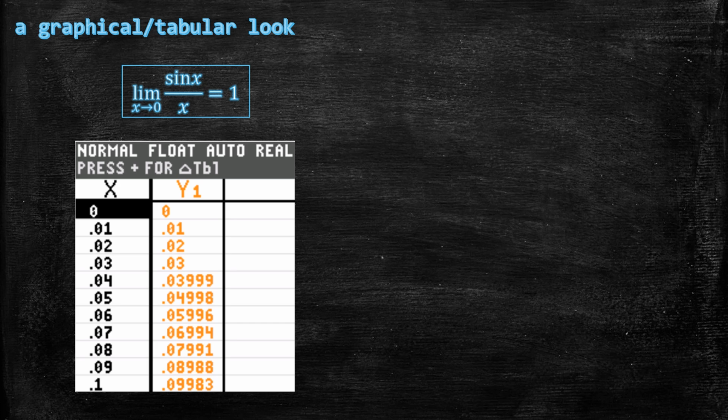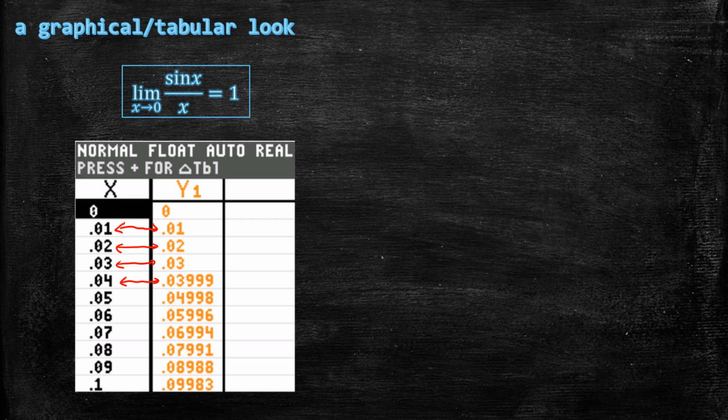You can see that when x is 0.01, sine of 0.01 is approximately 0.01. There's obviously rounding going on here. For example, sine of 0.04 is 0.03999, which rounds to 0.04.